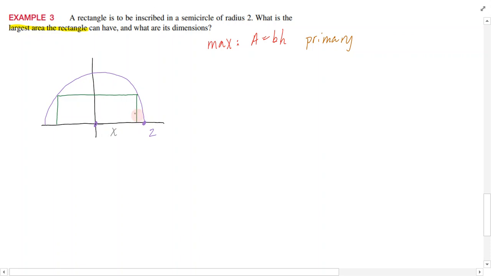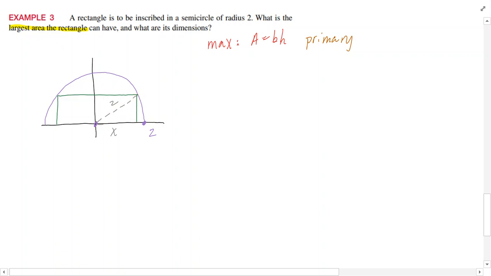Now the other problem here is I need to know what the height of this rectangle is. And the only thing I know for sure is that, again, the radius of this semicircle is 2. So I know from the center to the edge of the circle is 2, and I can draw that as I've done here, where this becomes almost a diagonal like that.